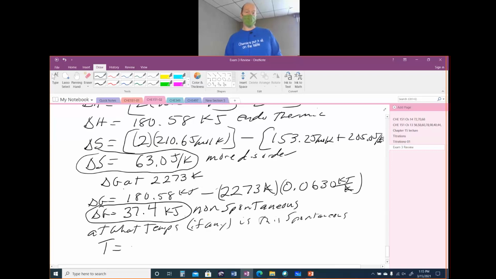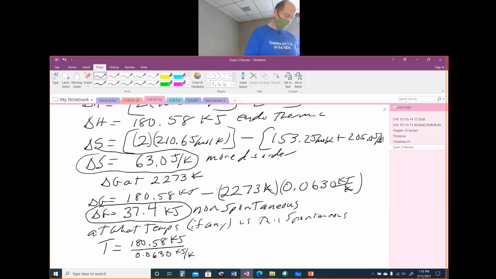So your delta H, 180.58 kilojoules, divided by your delta S, 0.0630 kilojoules per Kelvin. You take your 180.58 and divide by the 0.063, and you get 2,866, or 2,870 if you want 3 sig figs.